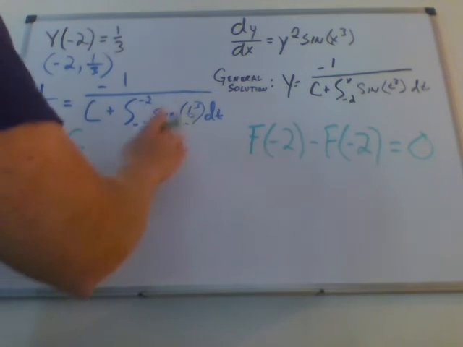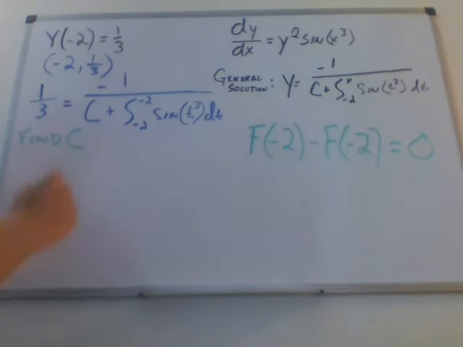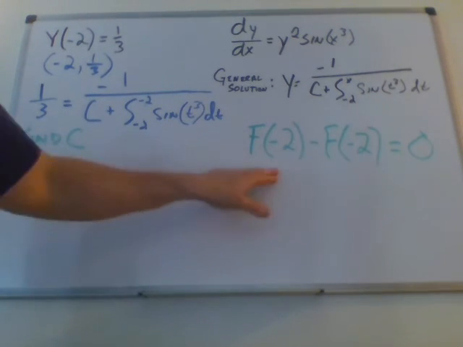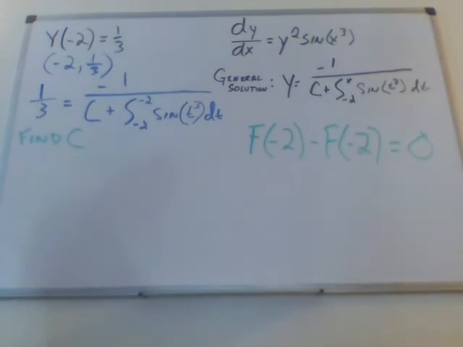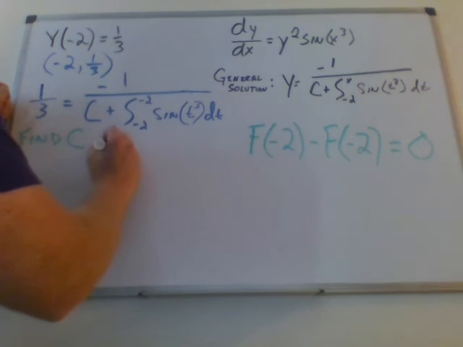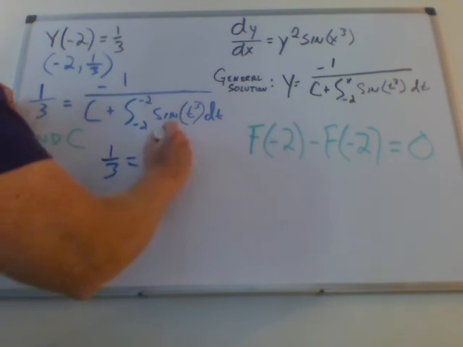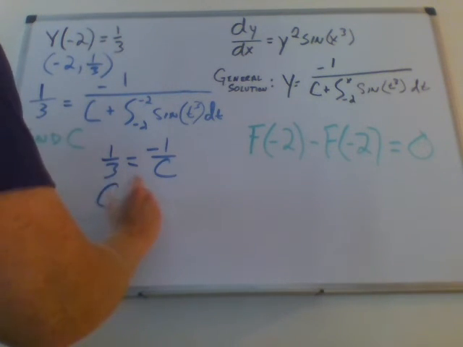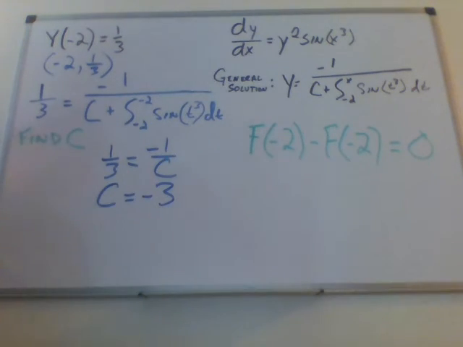Since this integration equals 0, we can show that 1/3 equals negative 1 over c. And with some cross multiplication, you actually get c equals negative 3. So we found c.